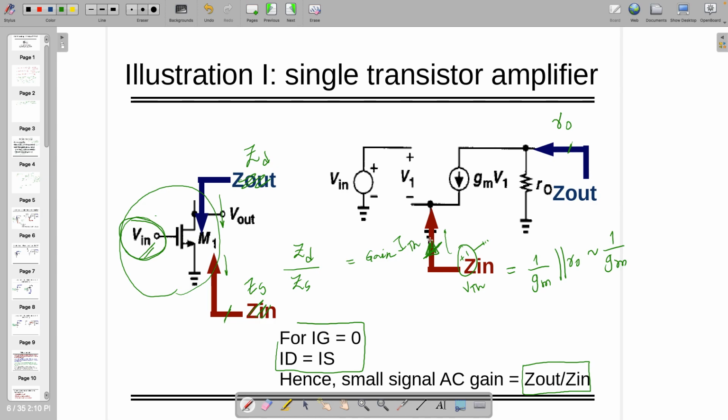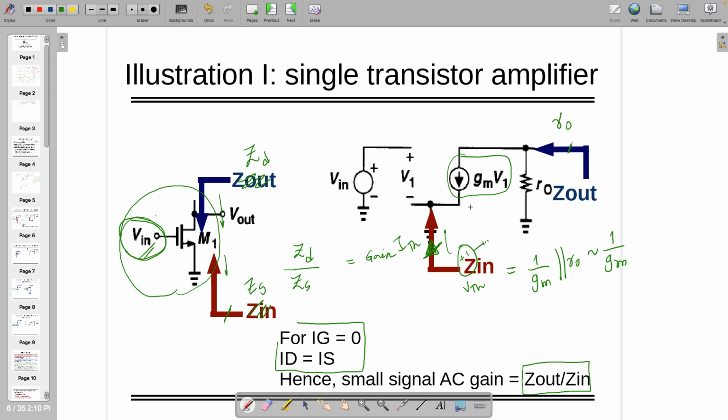So VTH by ITH is going to give you ZL. However, it's in the opposite direction. Whenever you are looking from the source side, the current is experiencing the opposite direction, so you have to keep the minus sign just for this one. There is no minus impedance.